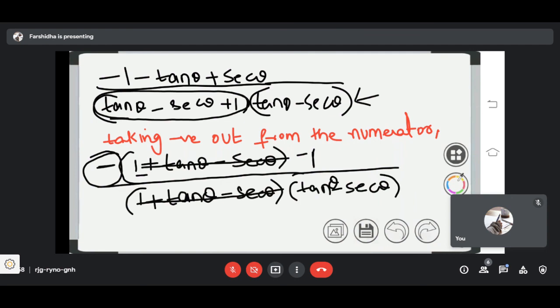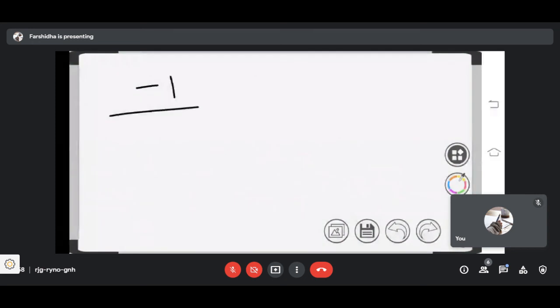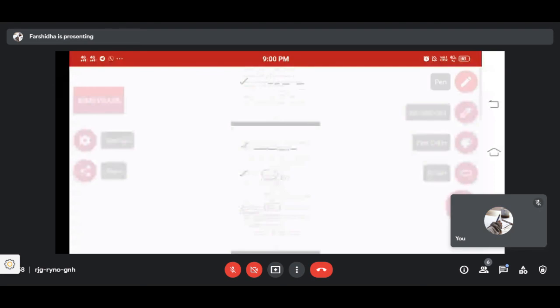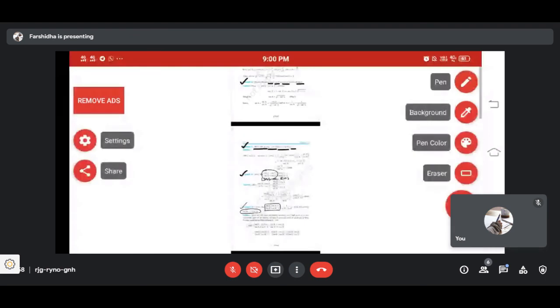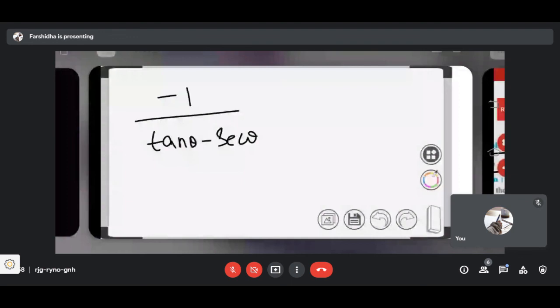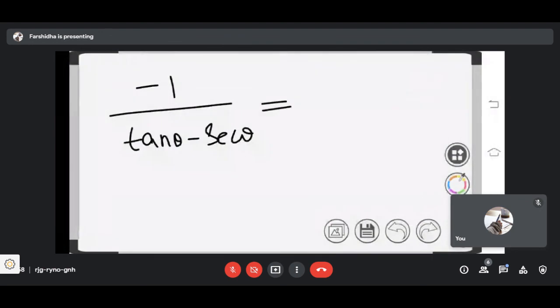1 divided by tan theta minus sec theta. You got it. But you can see in the question, it is equal to 1 by sec theta minus tan theta, equal to 1 by tan theta minus sec theta. Same way, we'll take the negative out from the denominator.